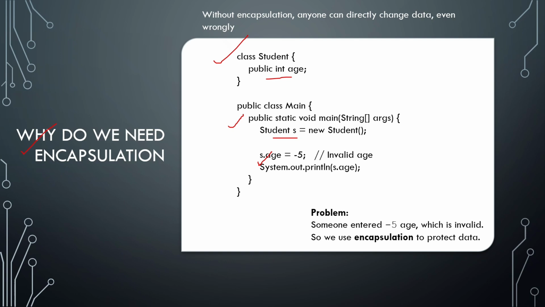Then the question is, how do we set and get the age values? For that, we create a setter method. Inside that method, we can check whether the value is valid or not before storing it. This is how encapsulation helps in protecting and controlling the data.